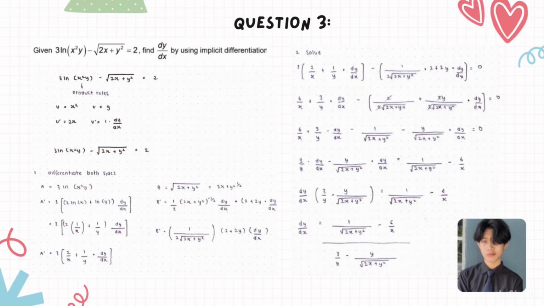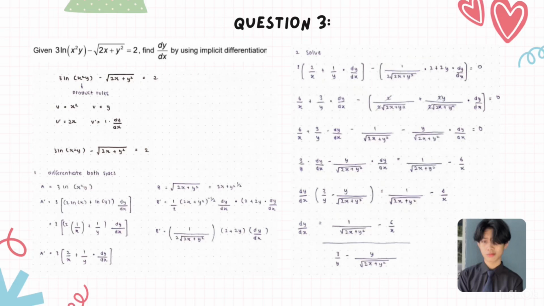Next, we combine both derivatives by differentiating both sides of the equation, and then we isolate dy over dx by simplifying and rearranging terms. After that, bring all the dy over dx terms to one side and the remaining terms to the other. We factor out dy over dx and finally solve for it.